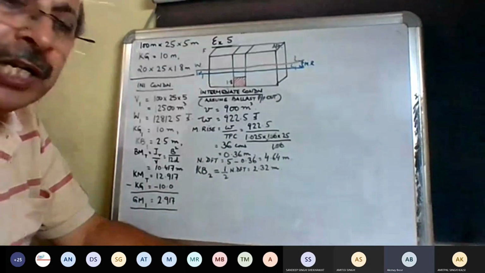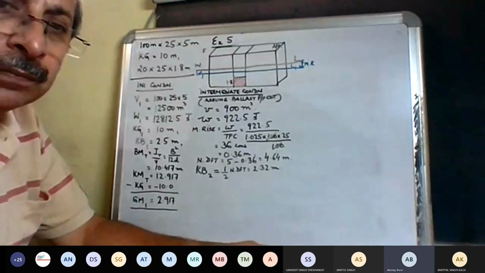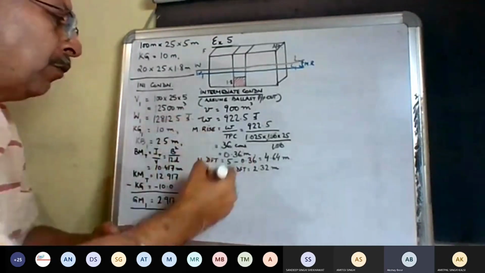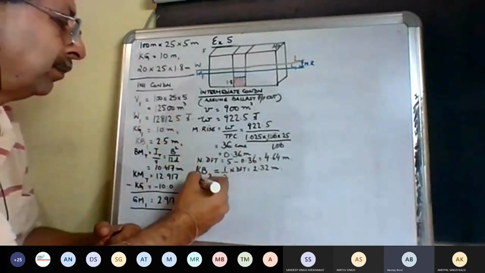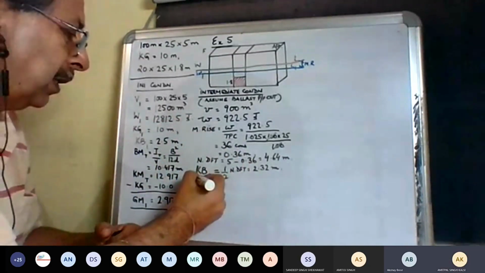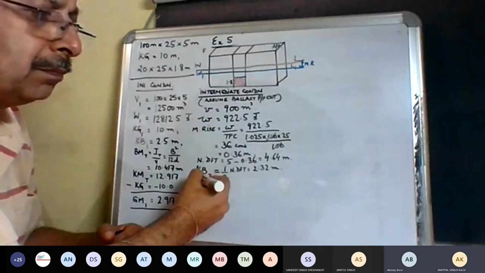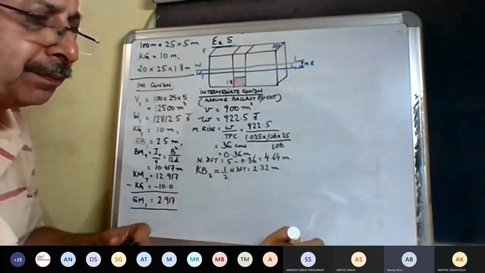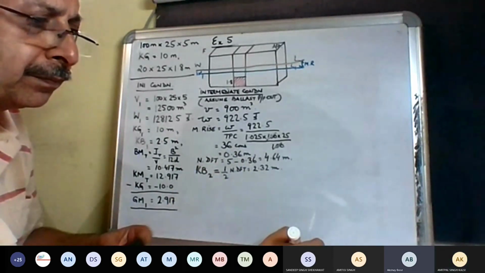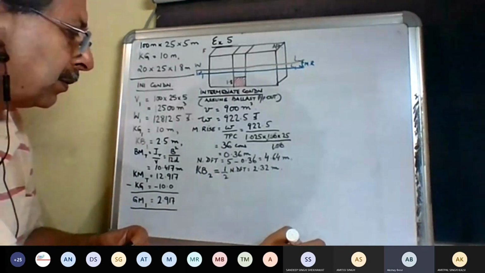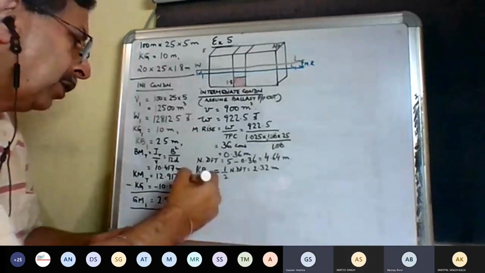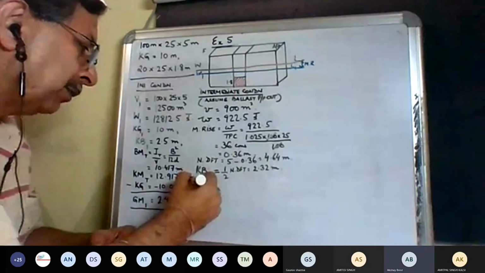Okay, I want KG. How to find KG? We will have to take KG2 by vertical moments. Vertical moment. Okay, so let us find out.